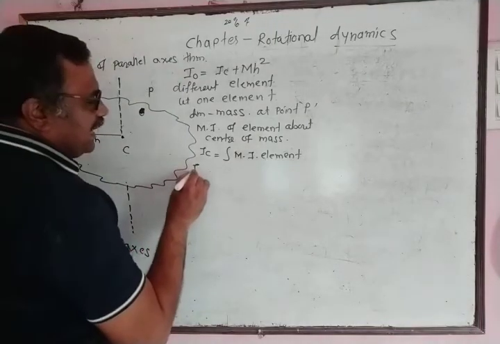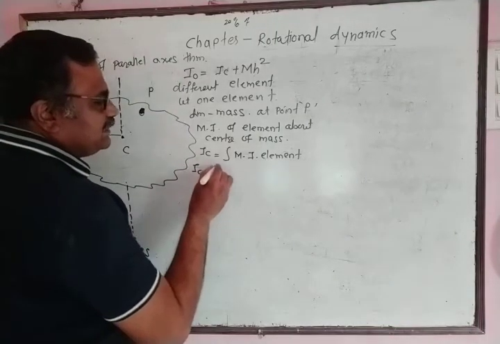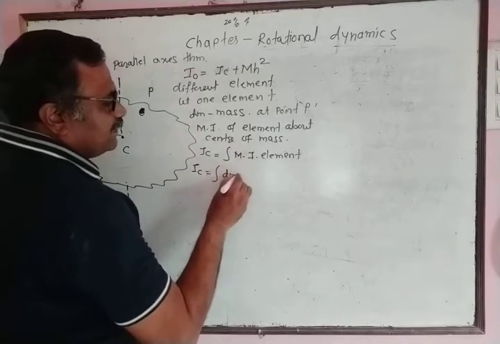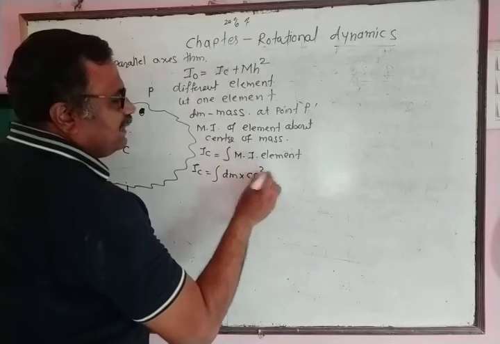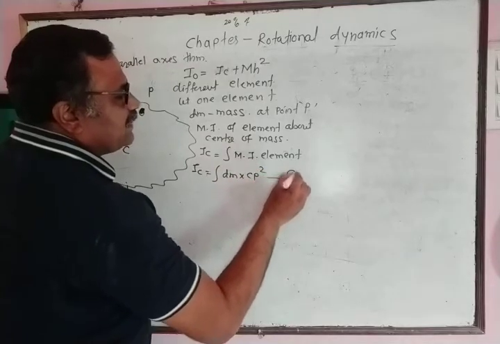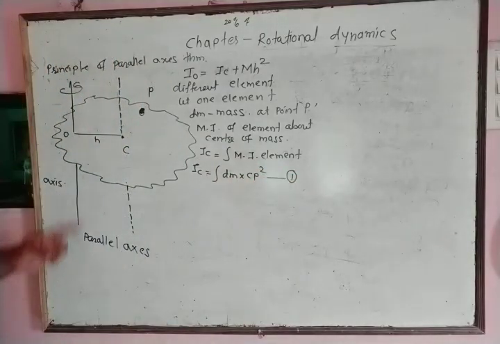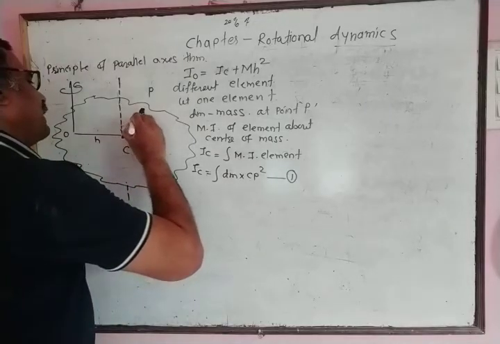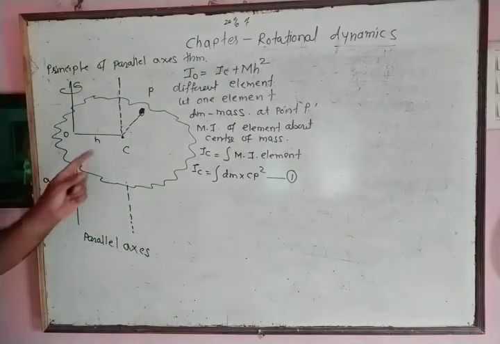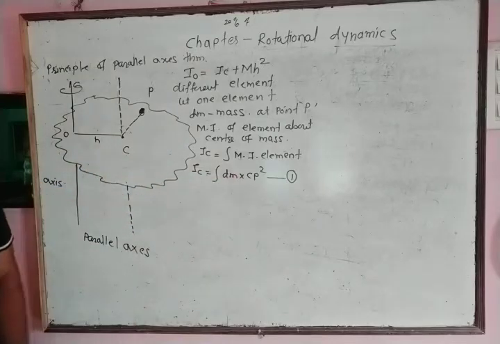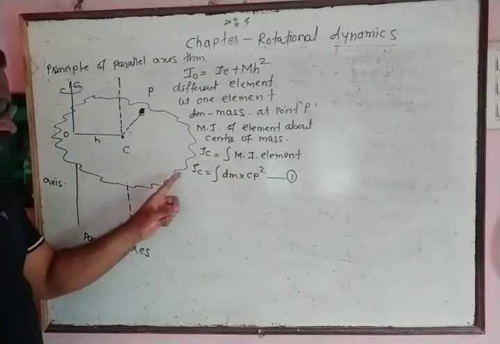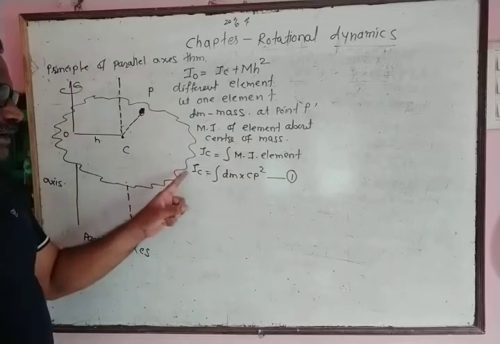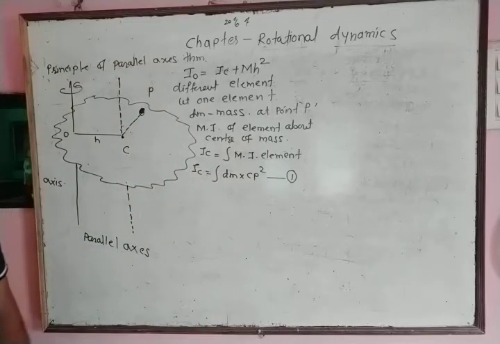That is, IC is equal to the integration of dm into CP square. This is equation number 1. From the center of mass, the element is present at point P. Therefore, dm into CP square. This is the expression for the moment of inertia of the element about the center of mass.